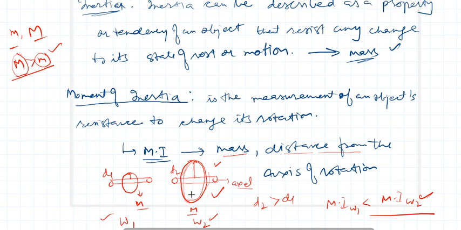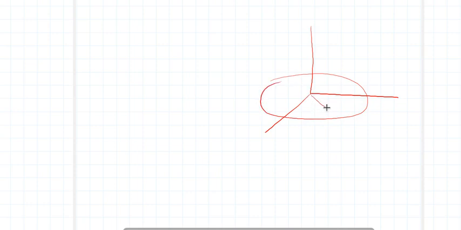Now, let's try to look at it mathematically, how we look at the moment of inertia in terms of kinetic energy. So suppose here is a mass object and its mass will be mi, and it is at a distance ri from this, and say it's moving like this, and say this is the velocity of this particle.